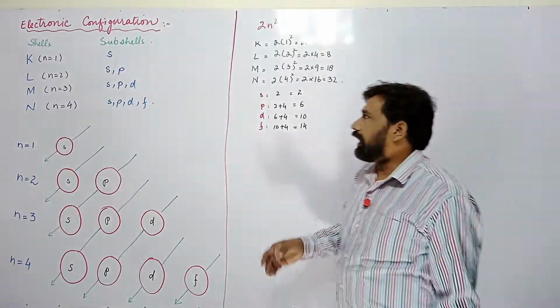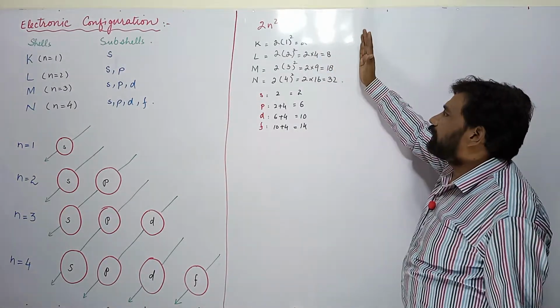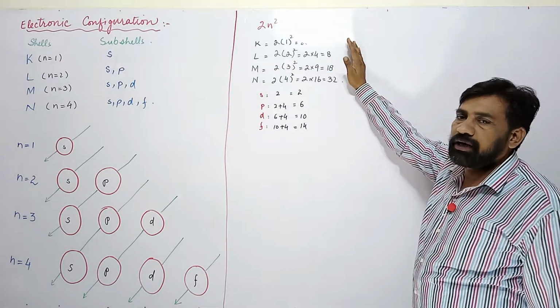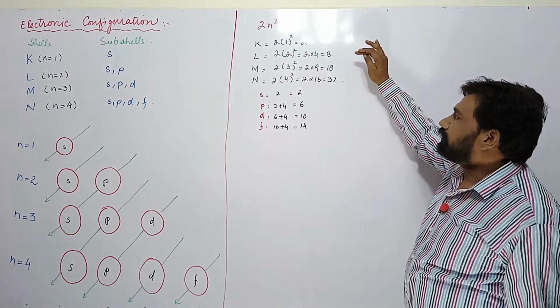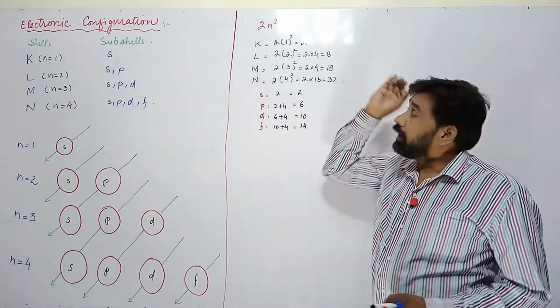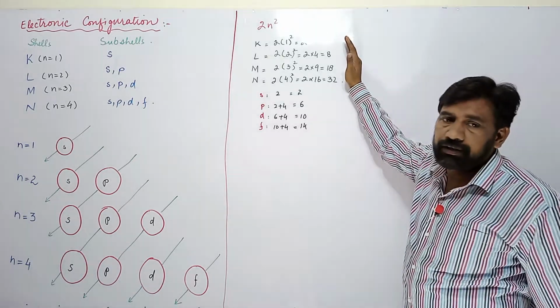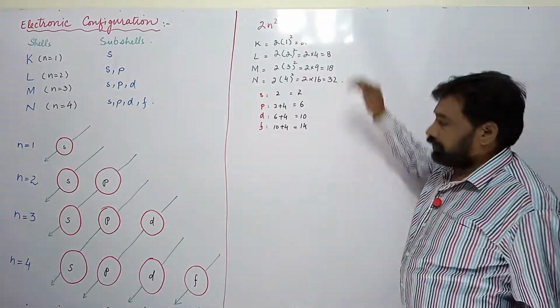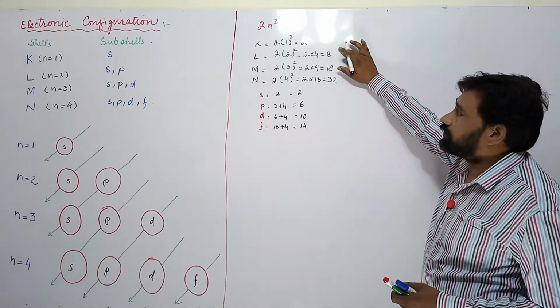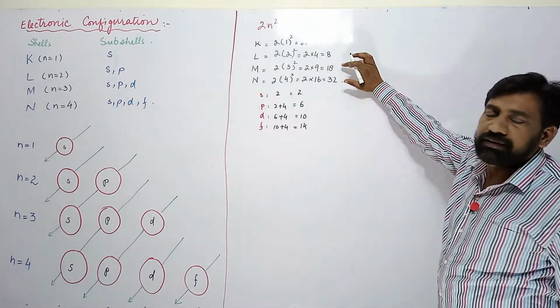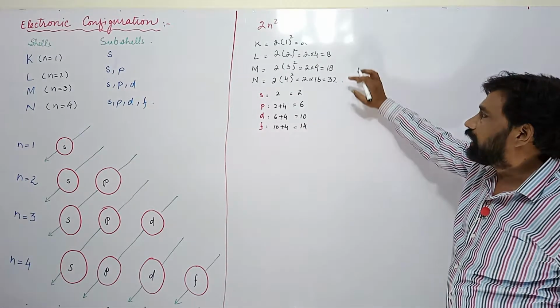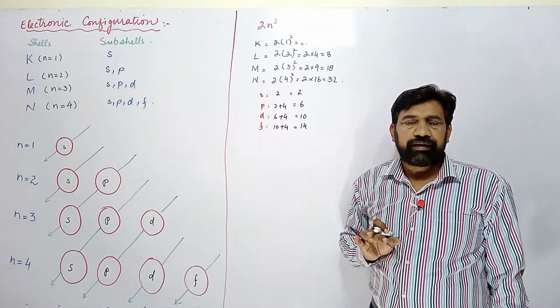We know that we have already found the number of electrons which can be accommodated in the second, third and fourth shell. In case of the electronic configuration of first 20 elements, first shell 2 electrons, second shell 8 electrons, third shell 8 electrons and then fourth shell 18 electrons.